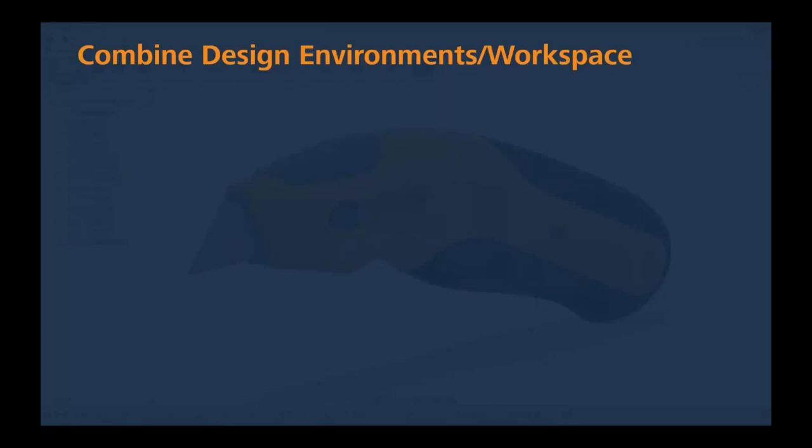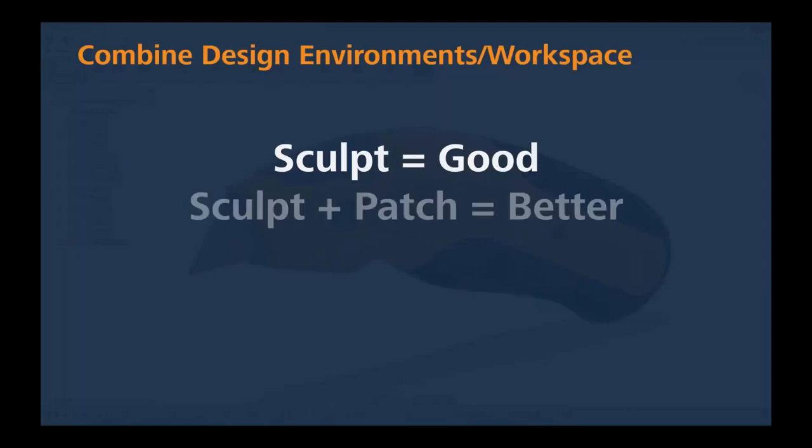360 with the Sculpt tools embedded, because Sculpt by itself is good, but it can be a complicated process if you've got to incorporate multiple tools to get there. So if we've got sculpt and patch being better, that means that effectively we've got the ability to sculpt our parts, and use the patch tools that enable us to create advanced surfaces and very precision surfaces.